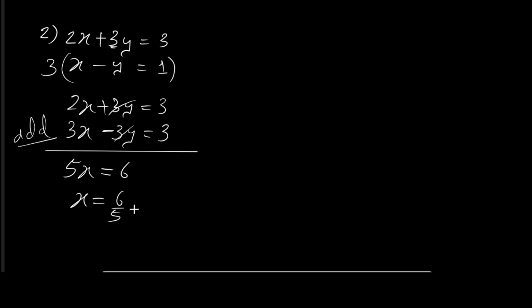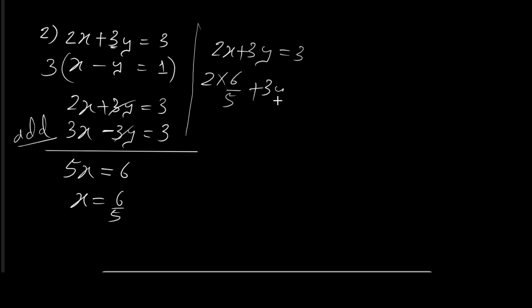Now to find the value of y, let's plug this value into the original equation. So we have our original equation, which is 2x plus 3y equals 3. So let's plug this value in the place of x. So 2 times x means 6 over 5 plus 3y equals 3.